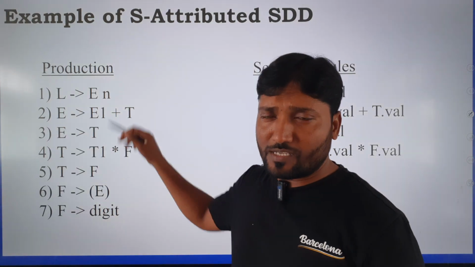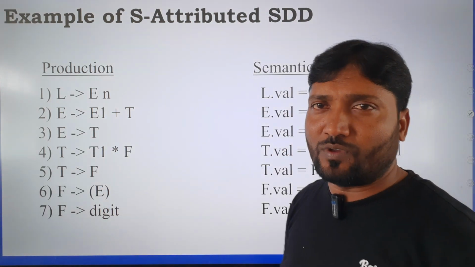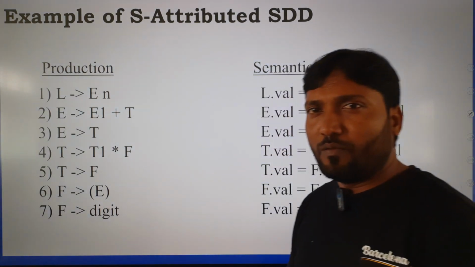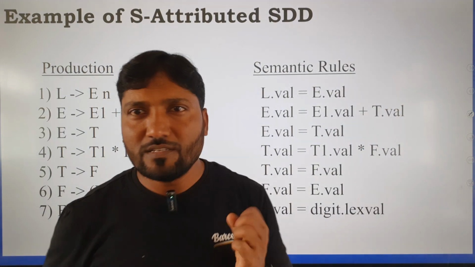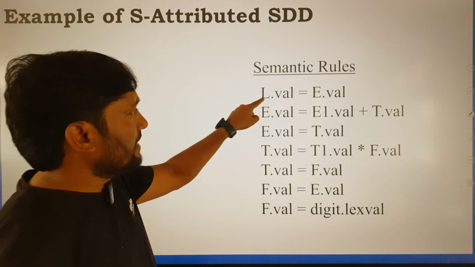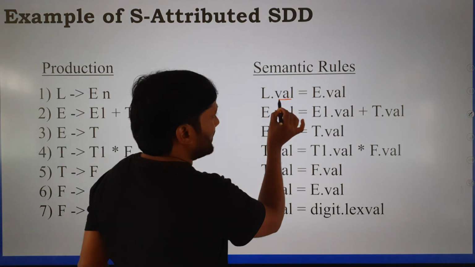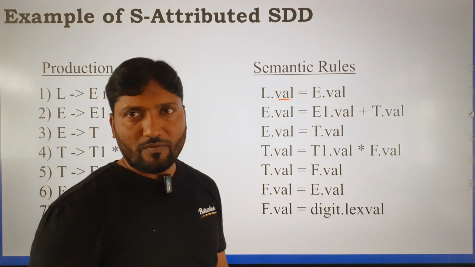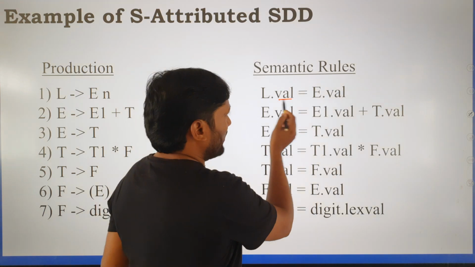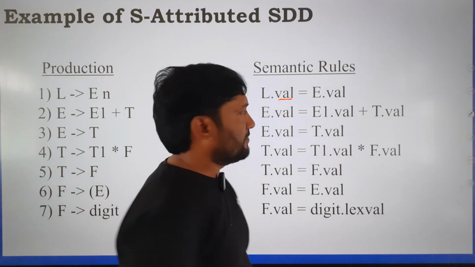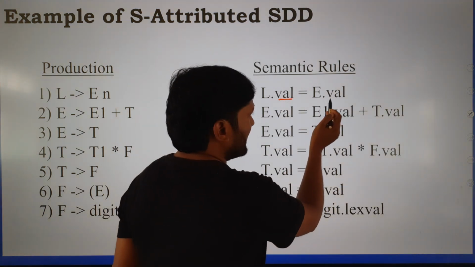Now, these productions can be converted into what is called a syntax directed translation by adding the semantic rules. What is the semantic rule here? That is L dot value. This becomes an attribute value. So, L dot value is the attribute value, derives E dot value.